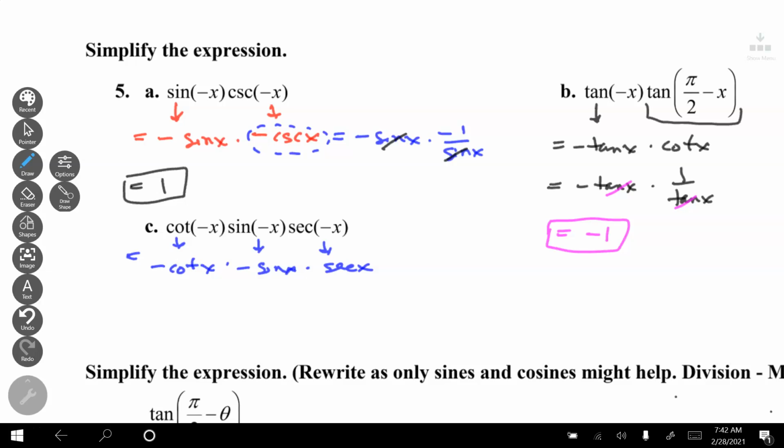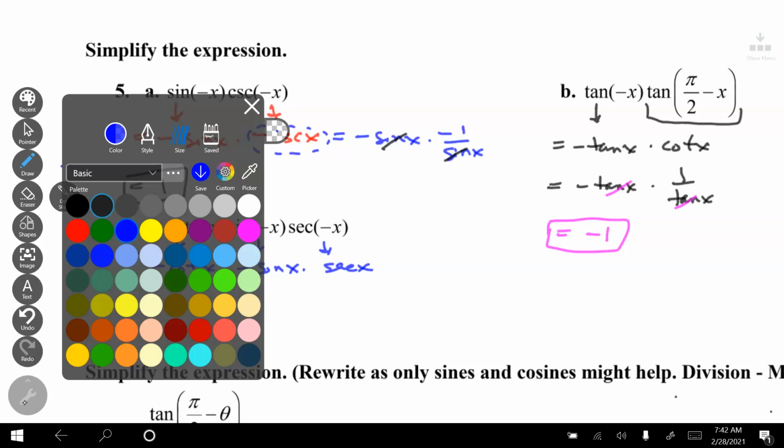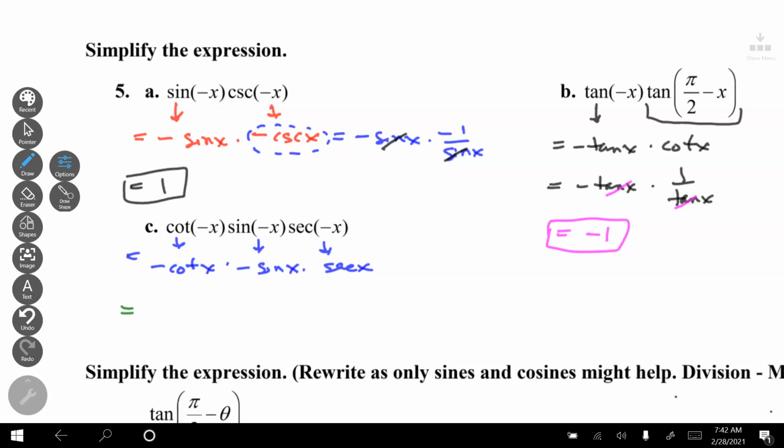And then I'm going to rewrite things as sines and cosines, so this would be negative cosine of x over sine of x times negative sine of x times 1 over cosine of x, because that's what secant is. I can see some things cancel. Sine, sine cancel, cosine, cosine cancel. I see negative times a negative times 1. So I get a final result of just 1.